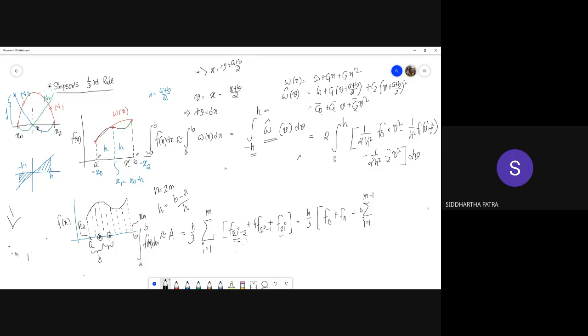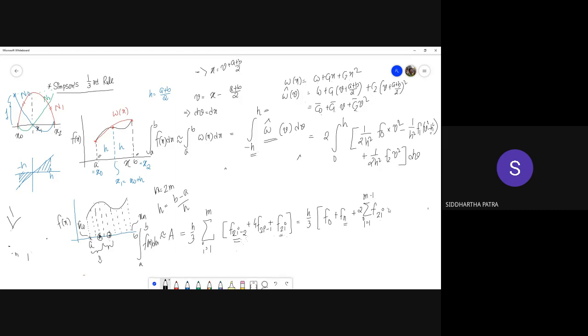So it is going to be twice f of twice i, going up to n minus 2. It is not going up to xn or fn.